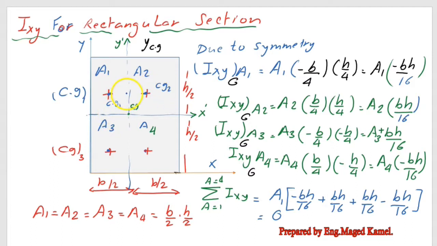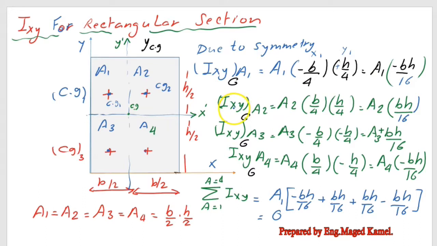The horizontal distance for the CG of A1 is minus b over 4, we call it x1, and y1 will be h over 4, with a plus sign. So A1 multiplied by minus b over 4 multiplied by h over 4 gives A1 multiplied by minus bh over 16.